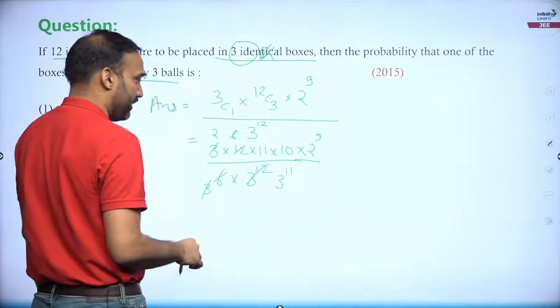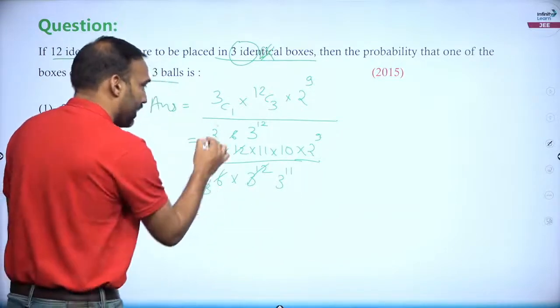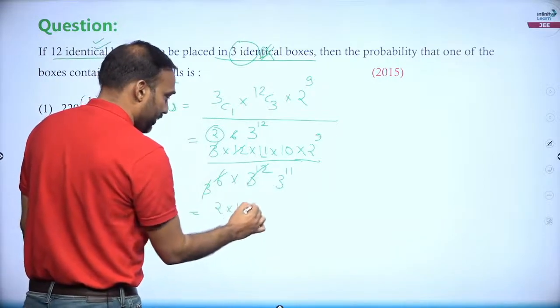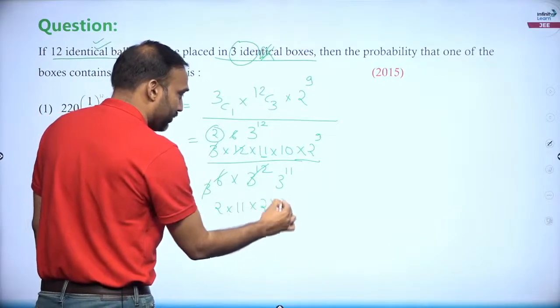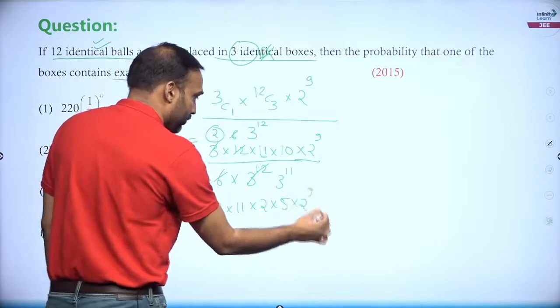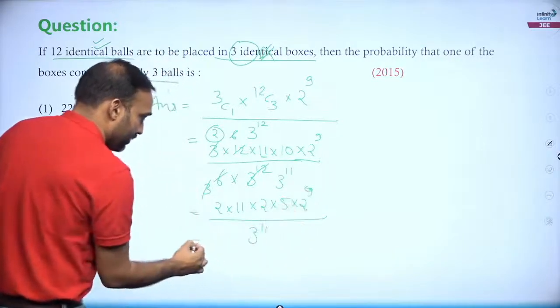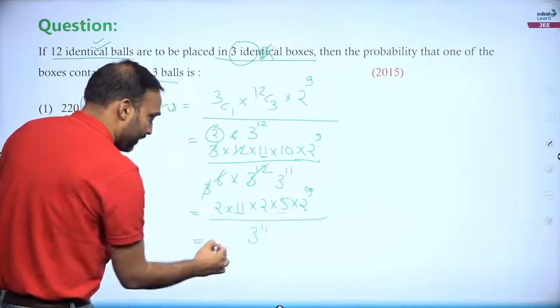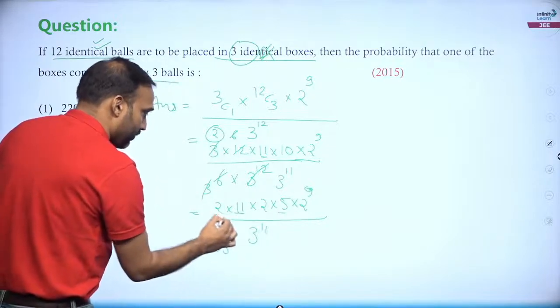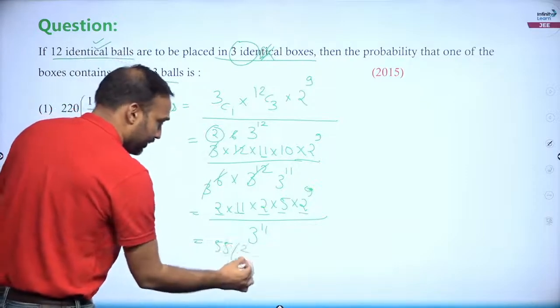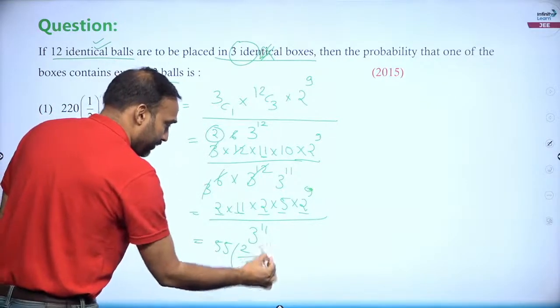Do I have any other 3? No. So I have 11, 10, which I can write as 2 into 5, into 2 raised to power 9 upon 3 raised to power 11. So this becomes 11 into 5, which is 55, and 1, 2, 9 becomes 2 raised to power 11 upon 3 raised to power 11. So this becomes 2 by 3 raised to power 11.